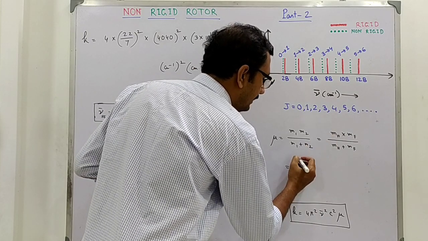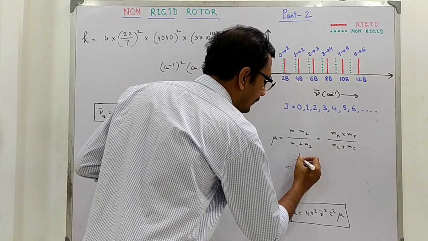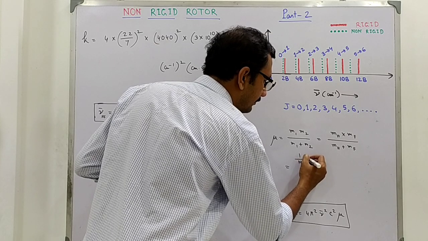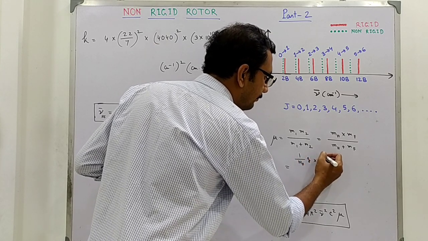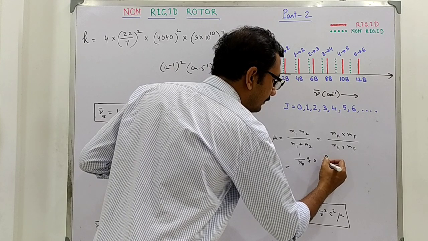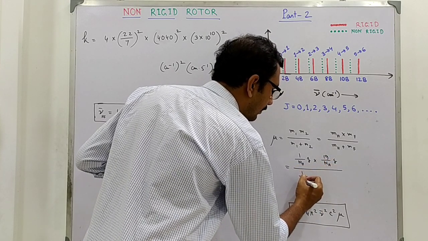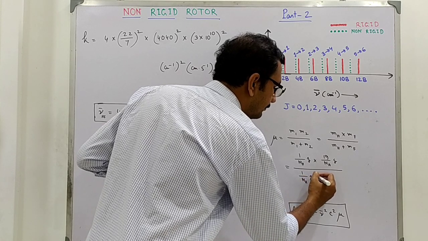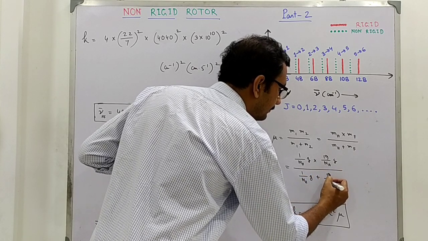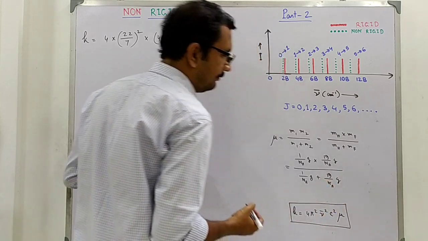So, the value will be 1 by Na gram into 19 by Na gram, divided by 1 by Na gram plus 19 by Na gram.